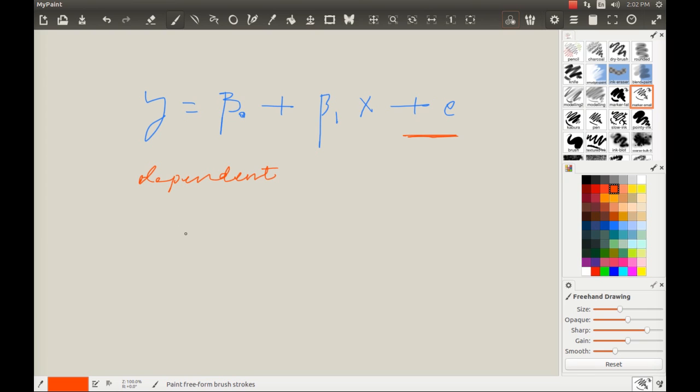A dichotomous variable has only two responses, just like yes or no. You can have a response like yes or no, or a response like gender, male and female. You can also have a response like satisfied, dissatisfied, or something like that.